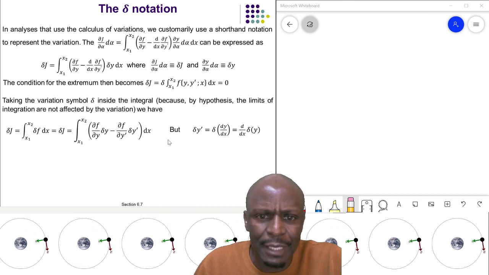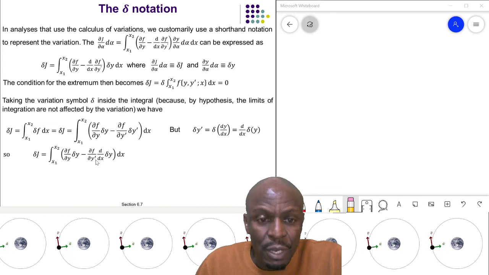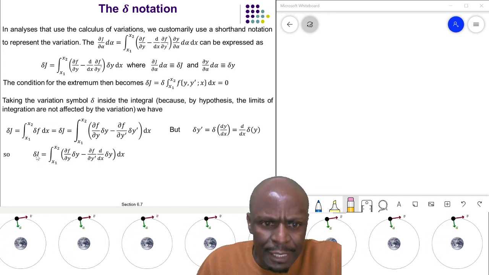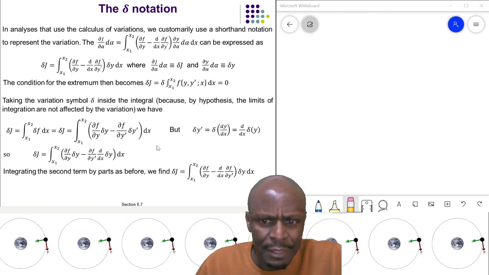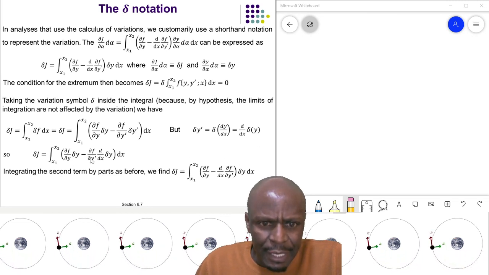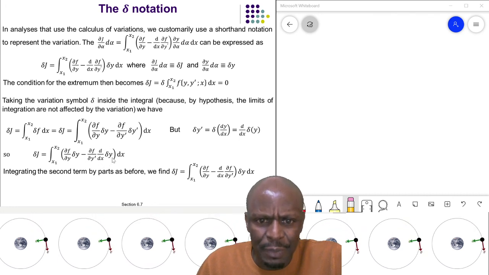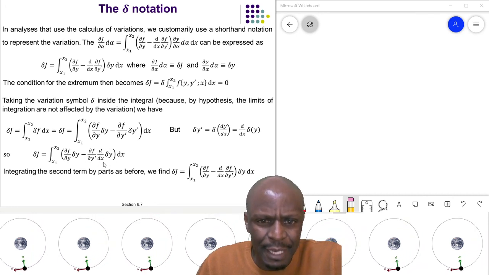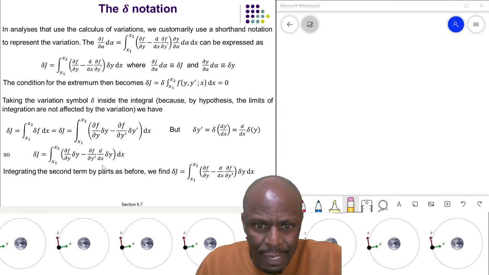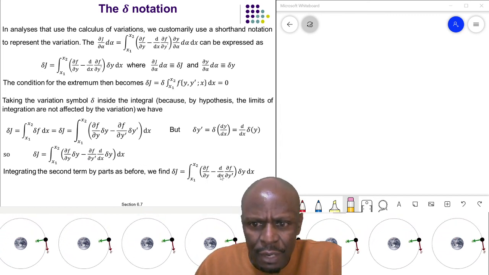Now if you plug these things back there, this is what you are going to have for your delta functional. From there you can see that the integration of the second term needs to be done by integration by parts, and if you apply the same thing that we have done previously, this is what you are going to have.